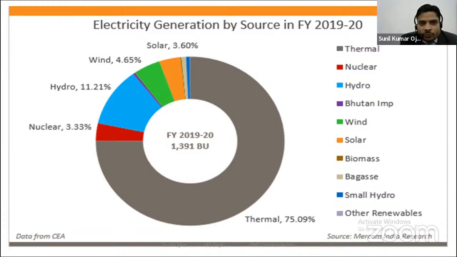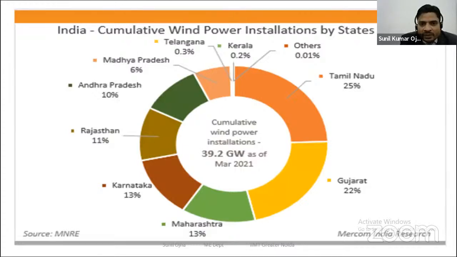In power generation in the financial year, around 4.5% is contributed by wind. India's cumulative wind capacity is around 40 gigawatt. These are the states which are producing.